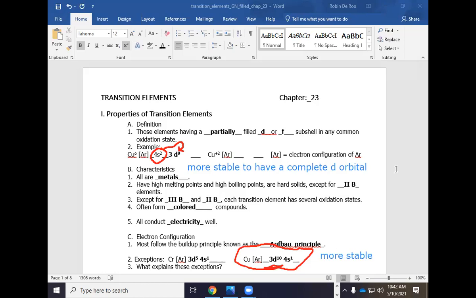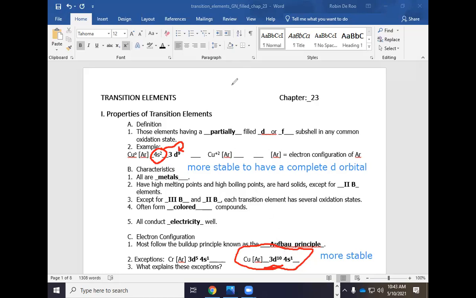Okay, so then if you're going to take away electrons, then you get the ion. So you would end up taking away one electron here and one electron here.